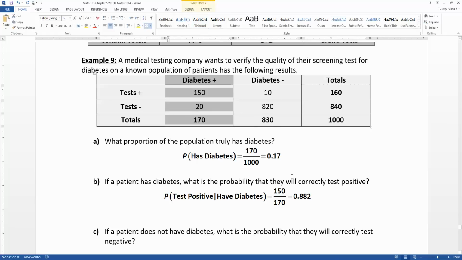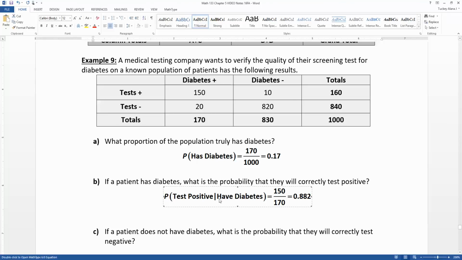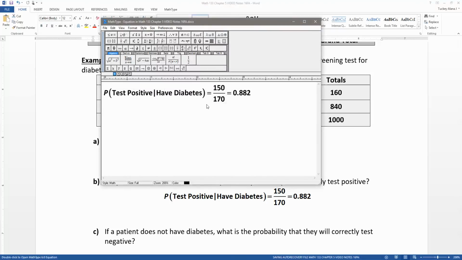What is the probability that they will correctly test positive? In other words, they're asking for a conditional probability. What are the chances of testing positive given that they have diabetes? Well, that's 150 that would test positive out of 170 that are positive. So that's 150 divided by 170, which is about 0.882 or so.